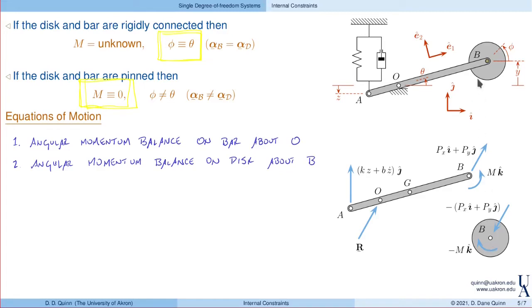Because after all, in both cases, the disk rotates. It might rotate along with the bar if they're rigidly connected, or it might be free to rotate if they're pinned, but still rotates. And then finally, because the center of the disk moves, we need linear momentum balance on it.